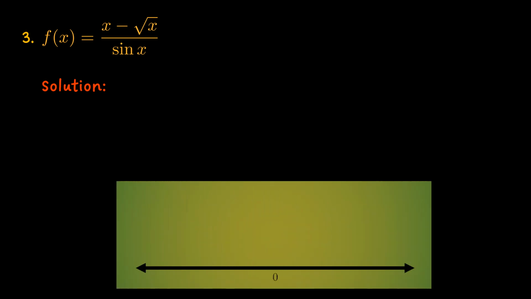Number 3. f of x equals x minus square root of x, all over sine of x. Solution. f can be broken down into three terms. x is continuous on the real line.